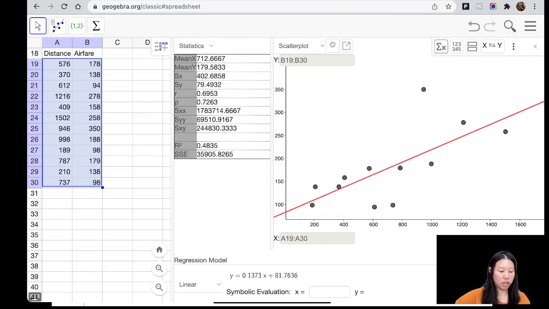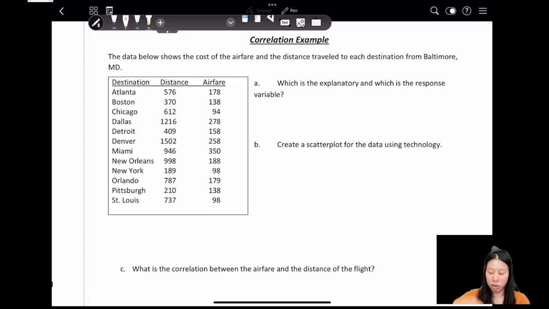So now let's take a look. In our chart note, they ask which one is the explanatory and which one is the response variable. The explanatory variable is our X, the response variable is our Y. So our explanatory variable, which is the independent variable, should be our distance.